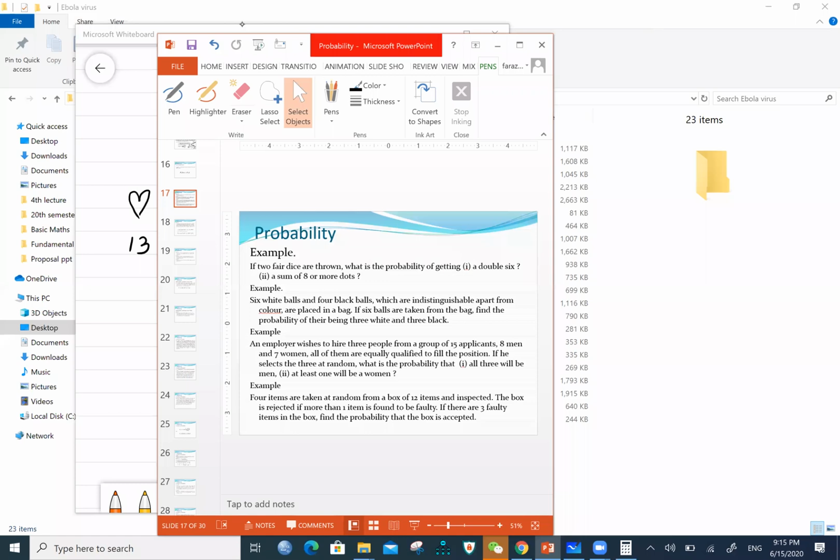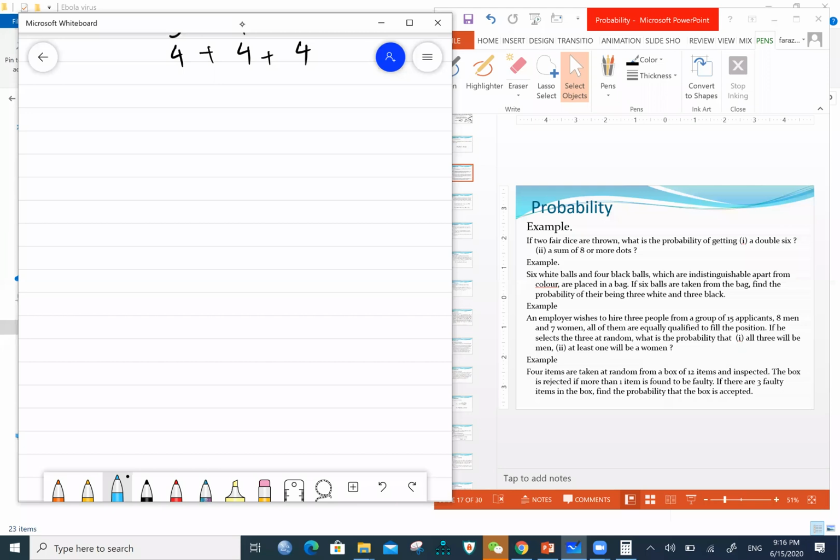What does fair dice mean in this concept? Fair dice means that it is unbiased. It is not like that if you roll it in a certain direction you will get 6.